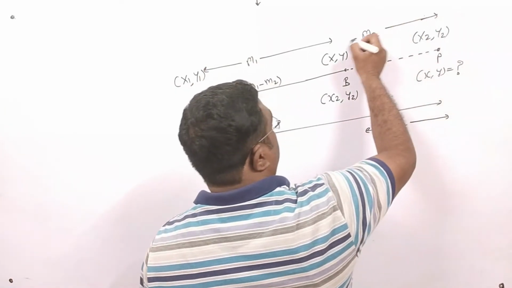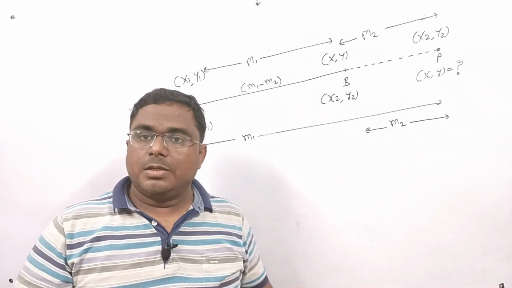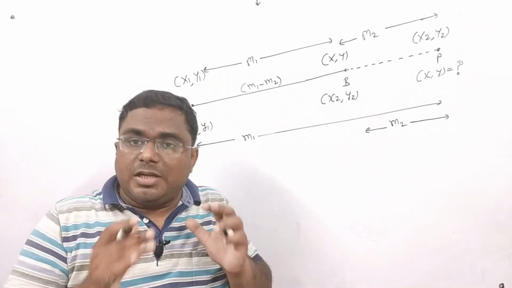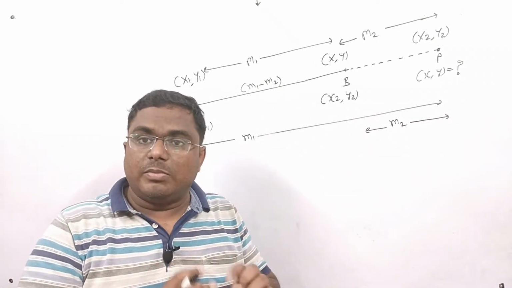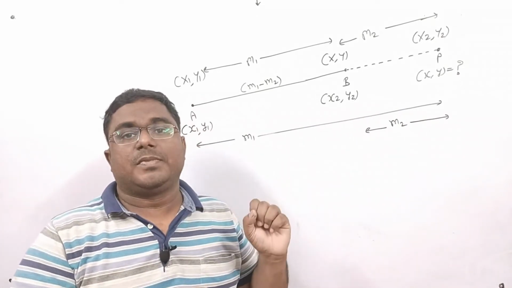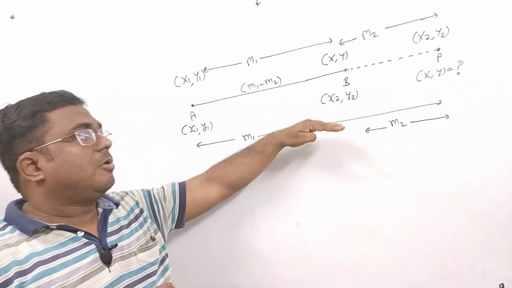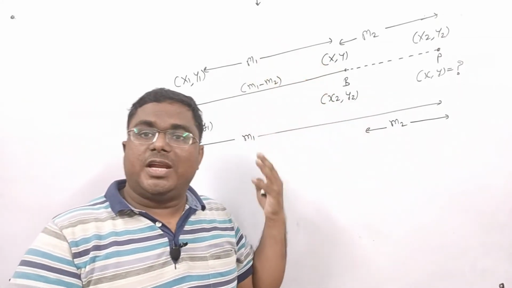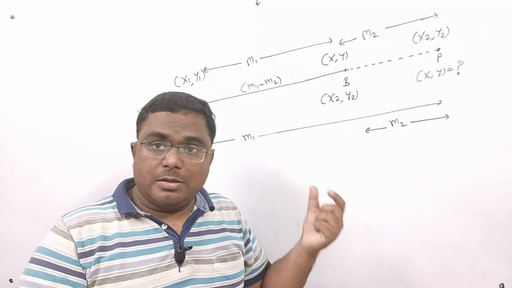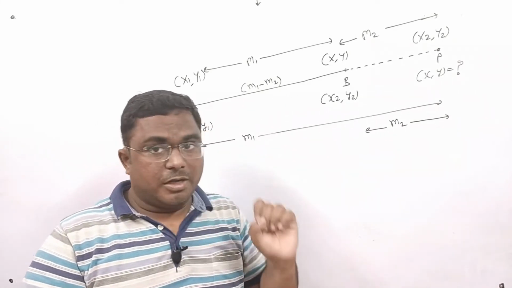So I have redefined the ratio and the coordinates just to consider the situation as it was in the proof of section formula for internal division. Or you can say that I have converted the problem of external division into a simple problem of internal division, and we have already proved the section formula for internal division.